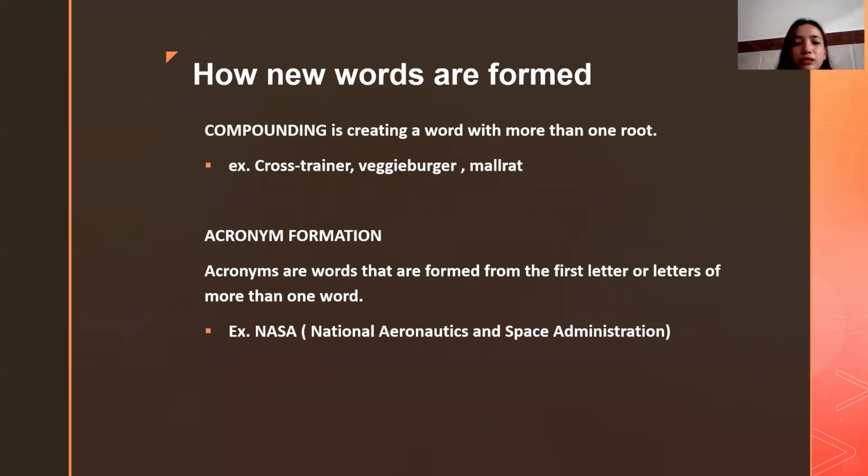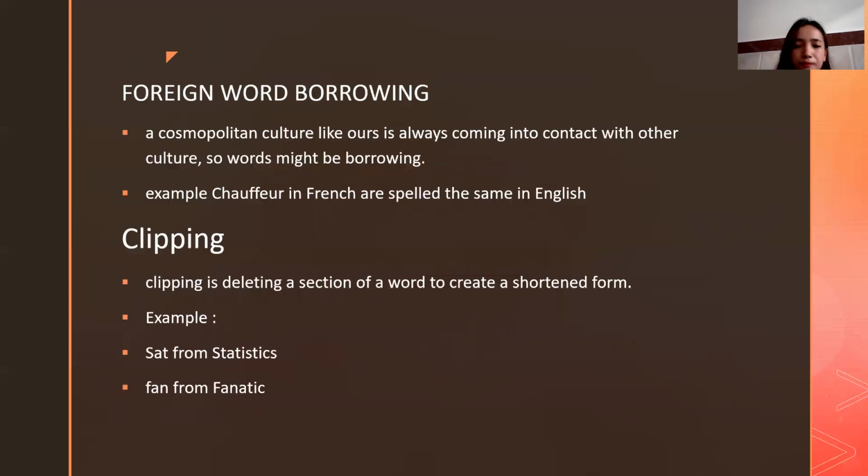Acronym formation: acronyms are words formed from the first letter or letters of more than one word, like NASA, National Aeronautics and Space Administration. Foreign word borrowing: cosmopolitan cultures are always coming into contact with other cultures, so words might be borrowed. Example: chauffeur in French is spelled the same in English.